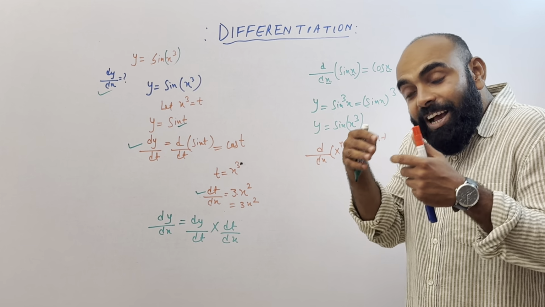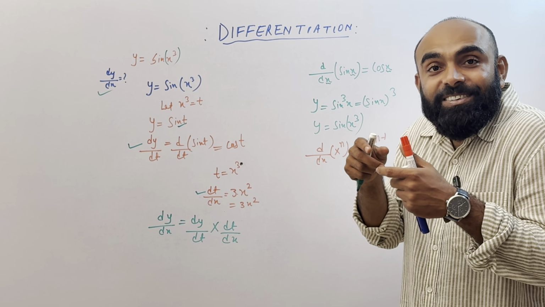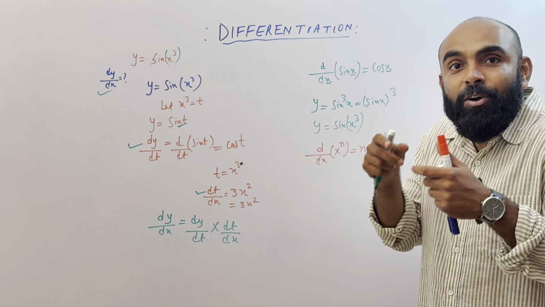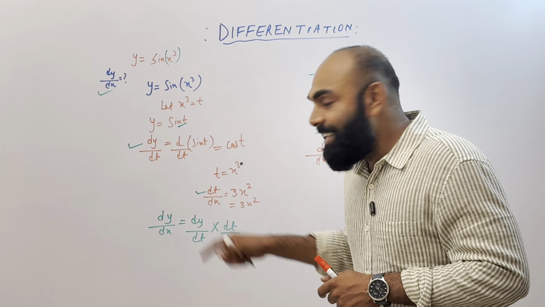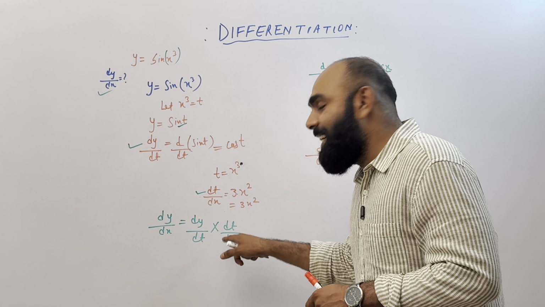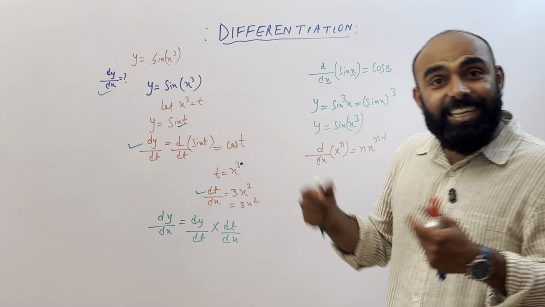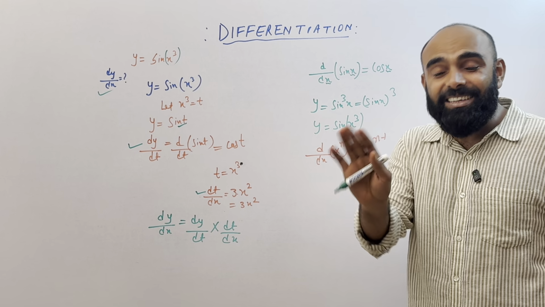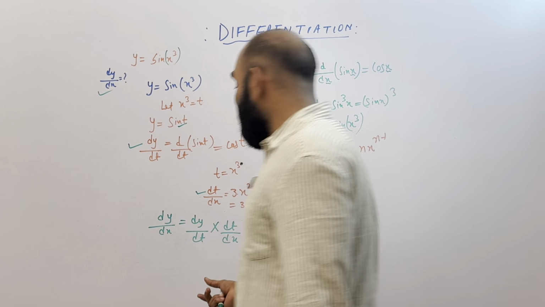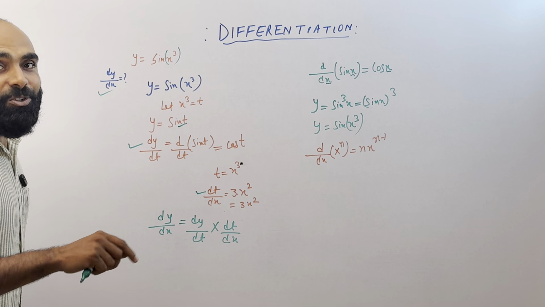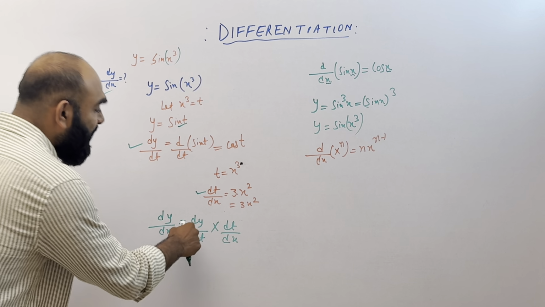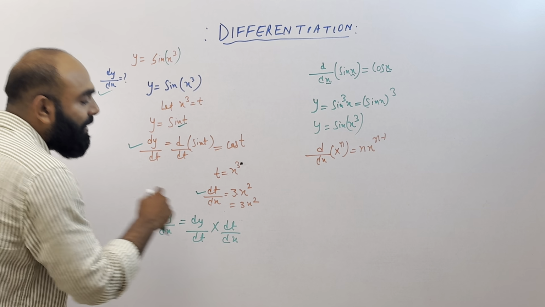To make our understanding very clear, because sometimes students are not able to get it, I am saying you want dy by dx, so dy by dt into dt by dx, dt cancels, we get dy by dx, but actually it's not cancelling out. It's a way of writing things to make you understand.